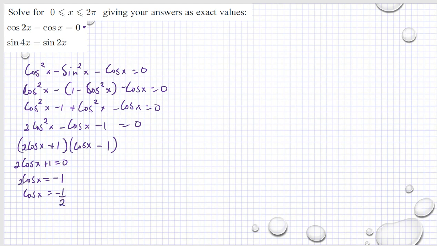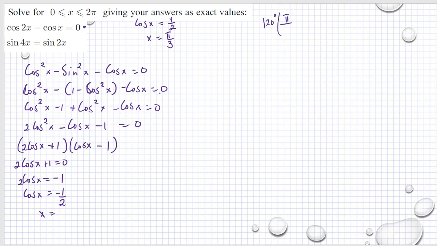And we know already that cosine x is equal to 1/2 at x is equal to pi over 3. But we have negative 1/2. So that means it is on the second quadrant and the third quadrant. In the second quadrant, in degrees it is 120 degrees.